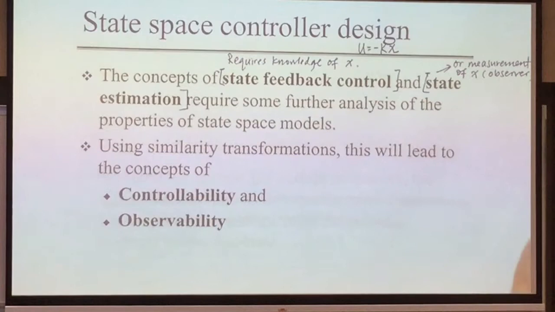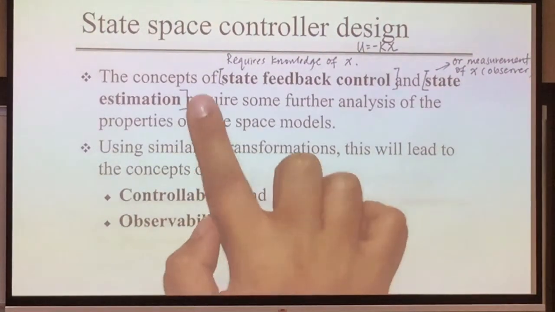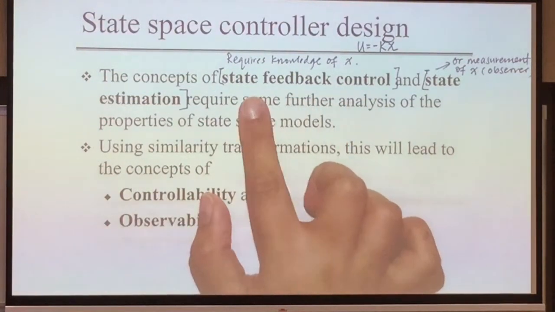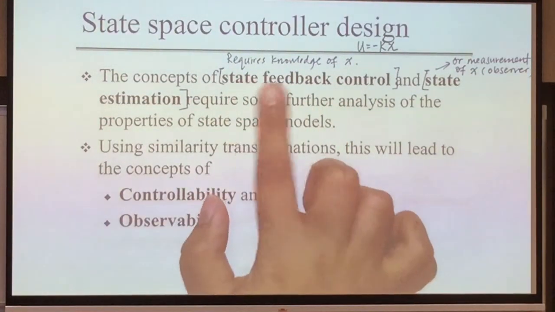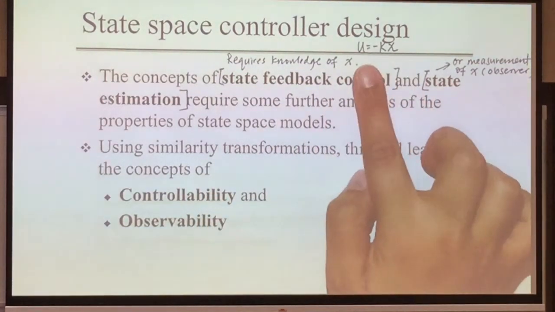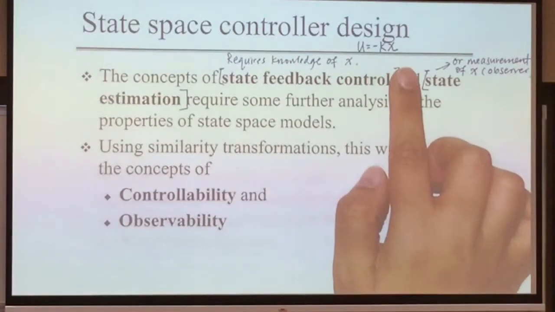Alright, so in state space controller design, the concept of state feedback control, which means feeding back the states, requires the knowledge of x. Because we're going to feed back, the input u is minus K, the proportional gain, times x.